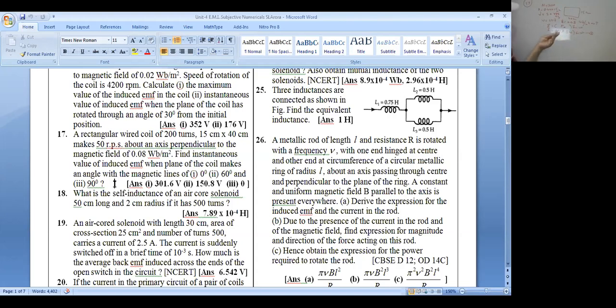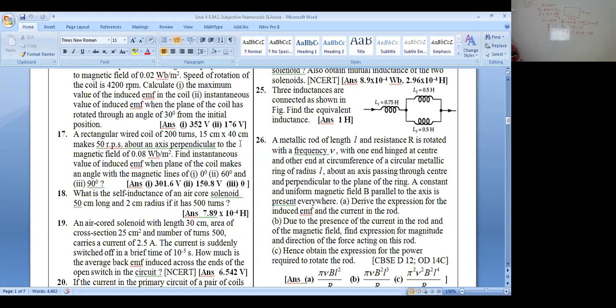Otherwise the formula is the same. Omega and everything is given here, but take care of the angle. Got this point? Hello? You have to take care in this question, otherwise all three parts will become wrong. The answer will be different. समझ में आ गया आपको?